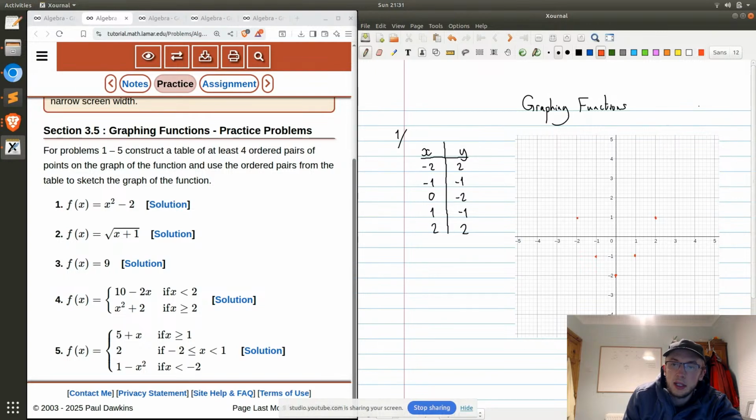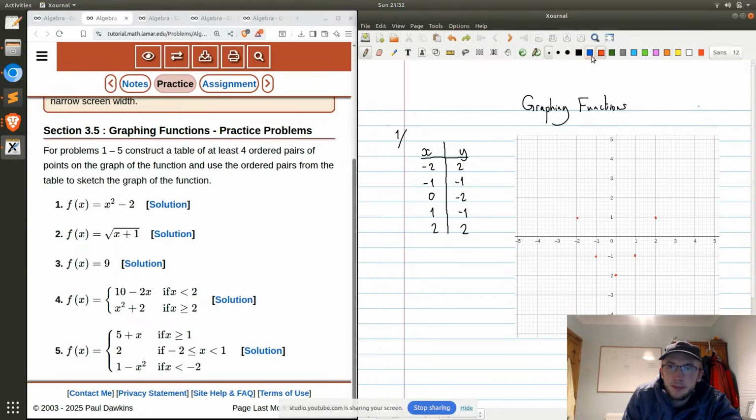So it's tempting to just go ahead and connect up all the points. But instead, for accuracy's sake, you should make sure that you know what happens when you put in 3 into the function.